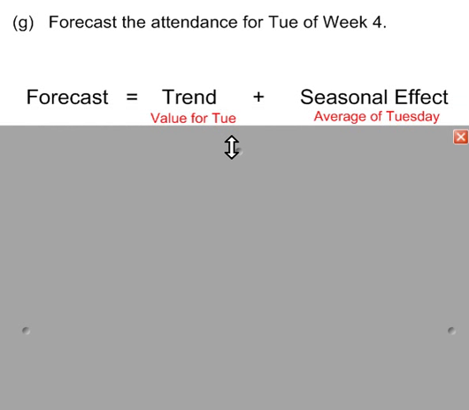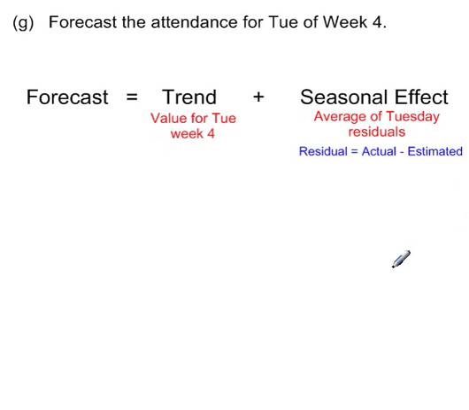Now we're going to do a forecast for the attendance for Tuesday of week 4. So using the formula, the forecast will be equal to trend plus seasonal effect. So the trend value comes from the trend line, and that's the value for Tuesday of week 4. So let's focus on this first. What is the value for Tuesday of week 4?